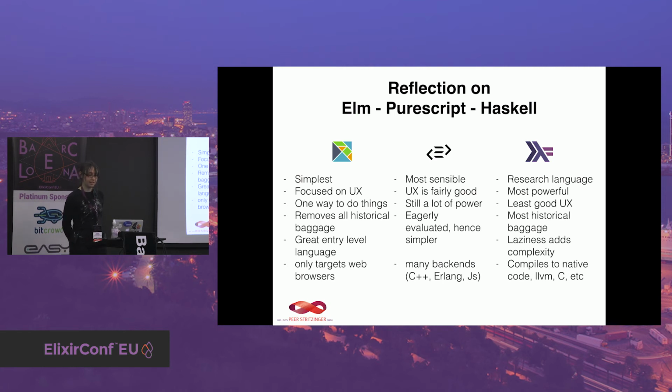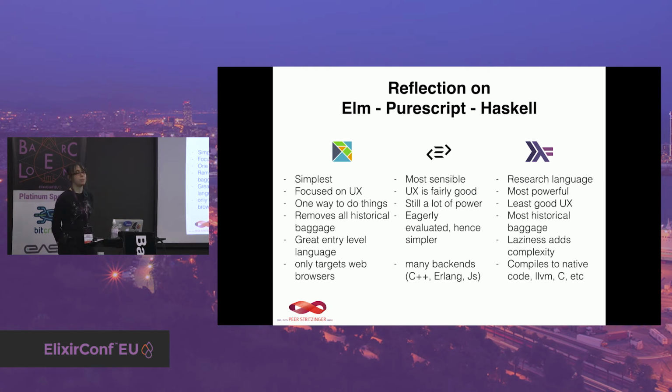And then at the extreme end of power is Haskell, which is a research language. So all the coolest stuff, all the new things come to Haskell first. They may be a little bit unusable generally, but they are there, and they don't worry about user experience so much. Even though lately they've been worrying a bit more about tools, so there is Stack now, which is better than Cabal. Cabal was hell, as you might have heard.